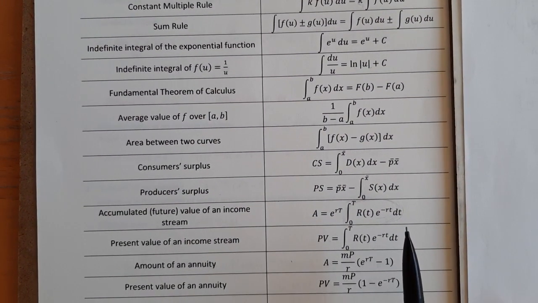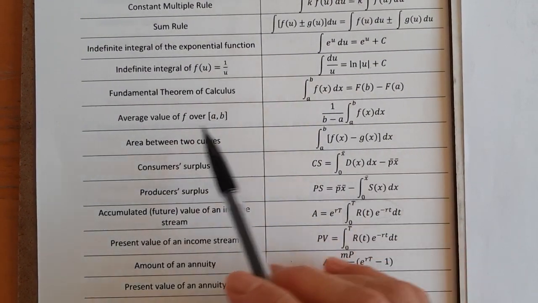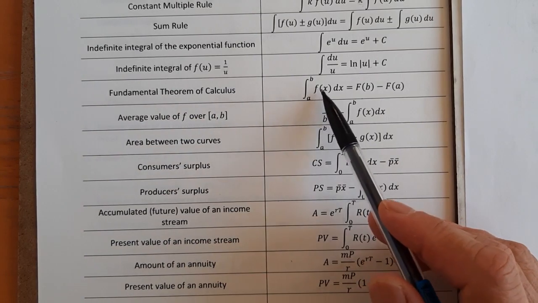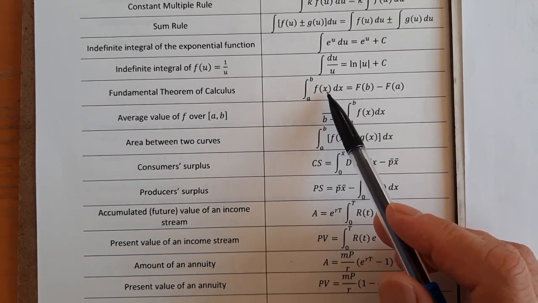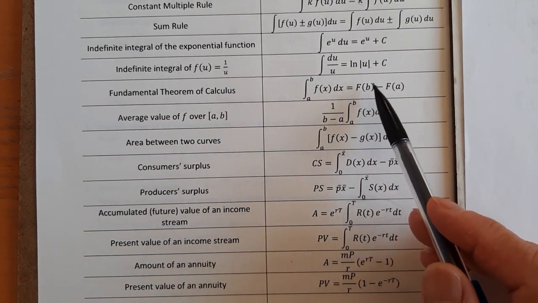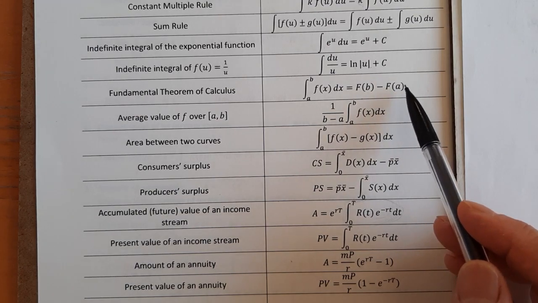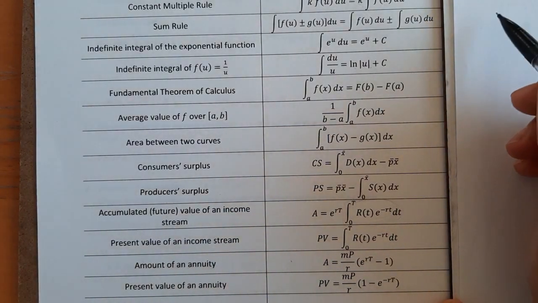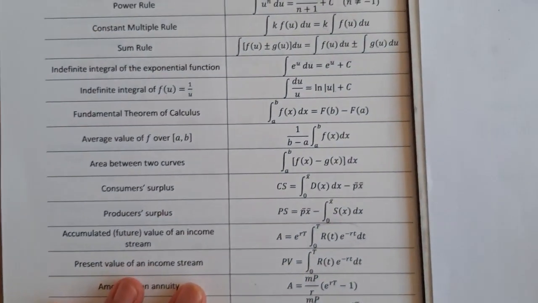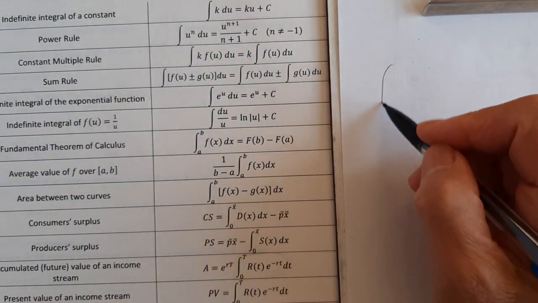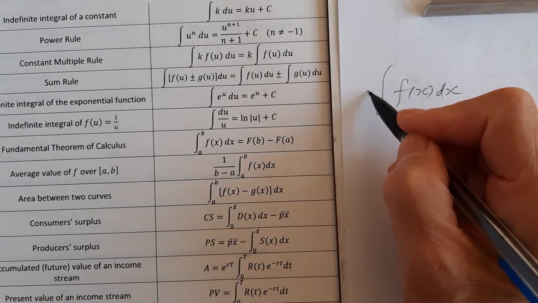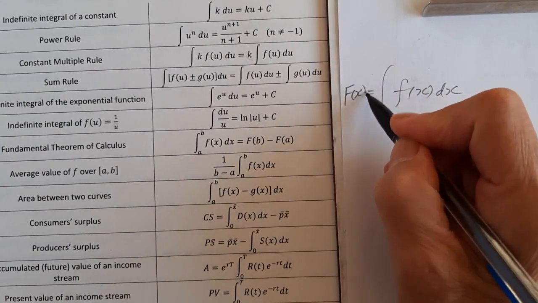And this is what we call the fundamental theorem of calculus. The integral of f of x from a to b is F of b minus F of a. What is F? F of x is the integral of f of x dx.